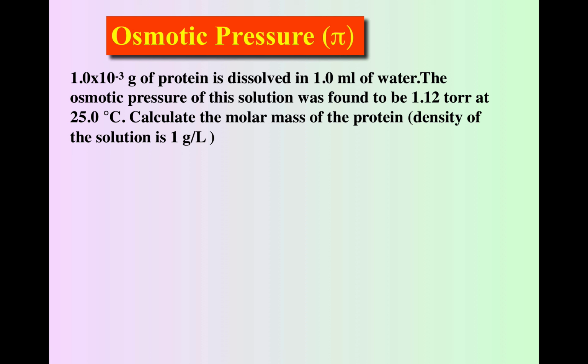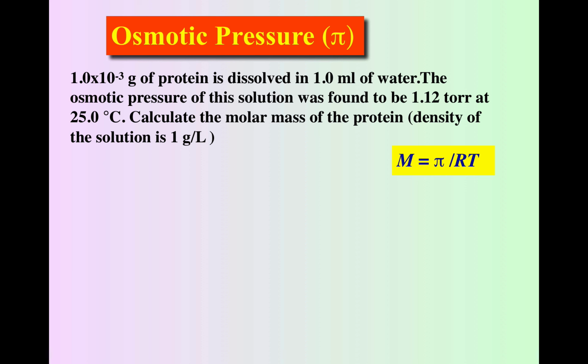All right, look at this problem. We've got 1 times 10 to the minus 3 grams of a protein dissolved in 1 milliliter of water. The osmotic pressure of the solution was found to be 1.12 torr at 25 degrees Celsius. All right, so we have a temperature, we've got an osmotic pressure. What we can solve for is the molarity of the solution, right, moles per liter.